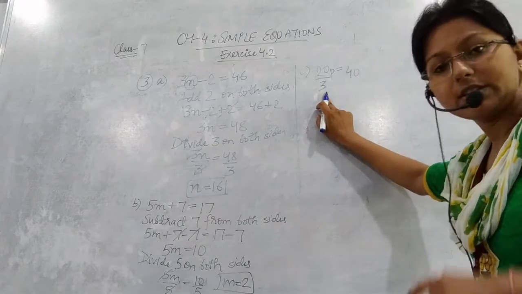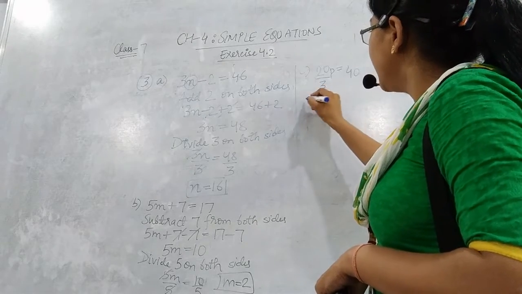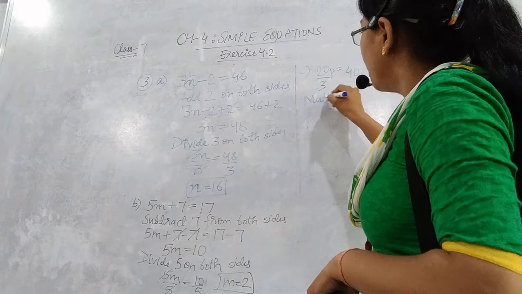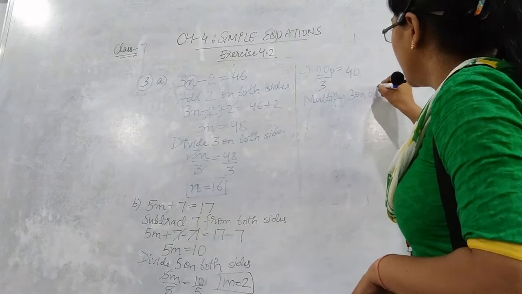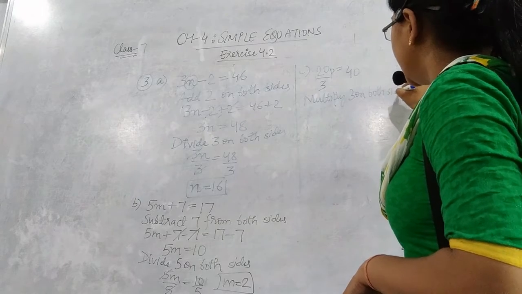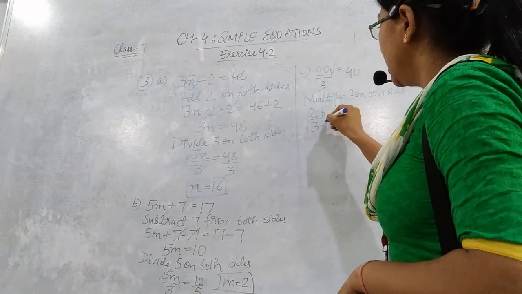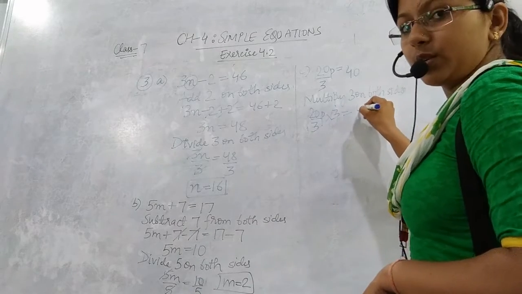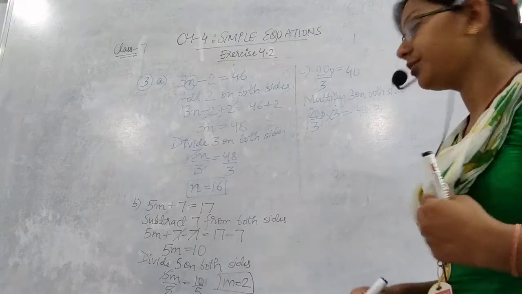First 3 is in outer, so I will remove this 3. So this is in divide. What I will do? Multiply 3 on both sides. So 20p by 3 into 3 is equal to 40 into 3. ठीक है, 3 को हमने दोनों तरफ मल्टीप्लाई कर दिया.